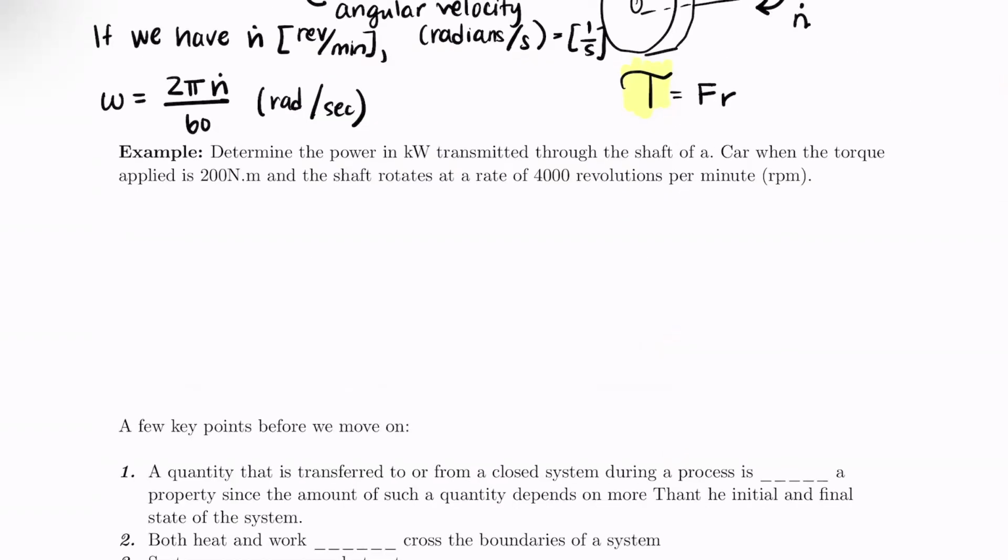Okay, we want to determine the power in kilowatts transmitted through the shaft of a car when the torque applied is 200 Newton meters. And the shaft rotates at a rate of 4,000 revolutions per minute. All right, so let's talk about what's given to us. So what do we have in this problem?